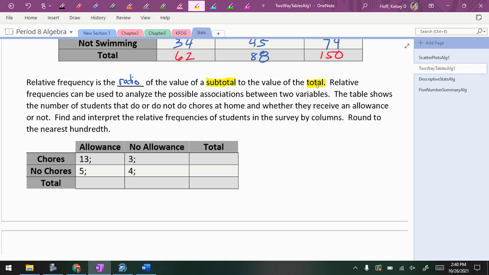So below, you'll find the number of students that do or do not do chores at home, and whether or not they receive an allowance. Find and interpret the relative frequency of students in the survey by column and round to the nearest hundredth. Okay, here's a little computer class for you. Which direction do columns run?